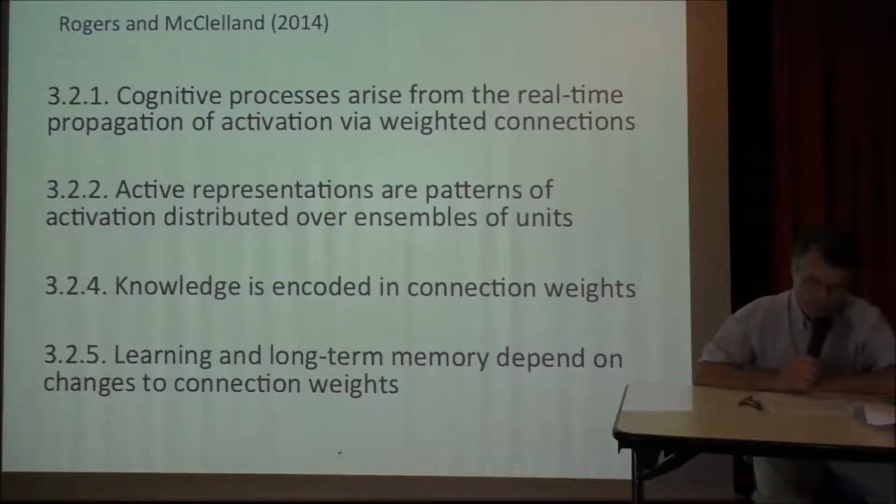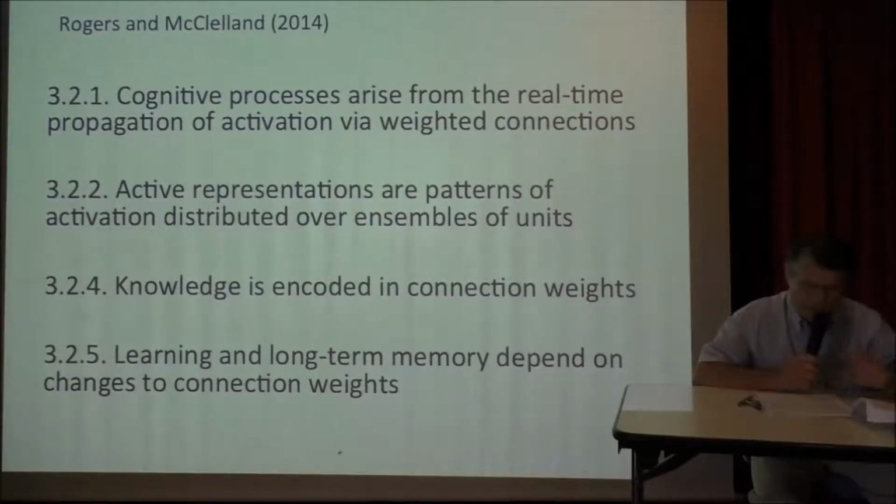Cognitive processes arise from real-time propagation of activation via weighted connections. Active representations are patterns of information distributed over ensembles of units. Knowledge is encoded in connection weights. Learning and long-term memory depend on changes to connection weights.